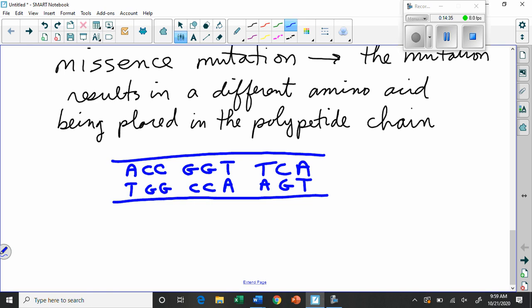So for those 3 amino acids, if we go back to the table, we can find the amino acid list, and we can see what those amino acids are supposed to produce. Where did it go? Now I can't find the page. Here we go.